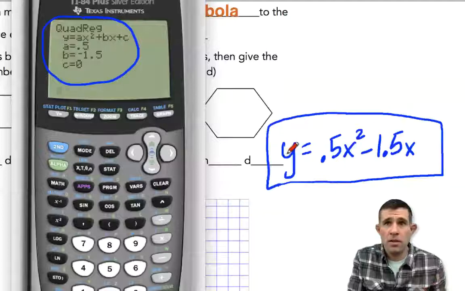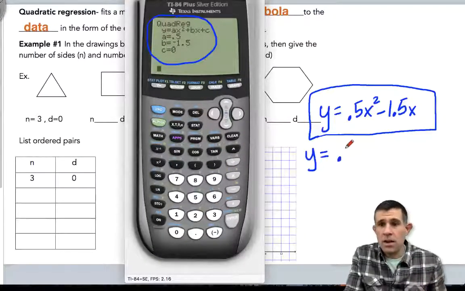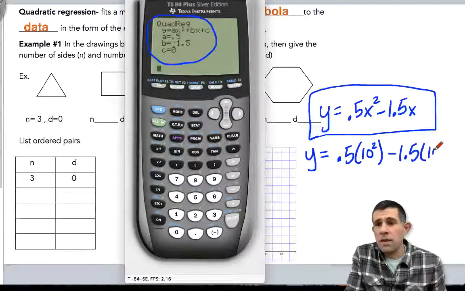So a little bit further down it says use this model now to find the number of diagonals for a 10-sided polygon. So we're going to let y, remember, is our diagonals, and x here is going to be the number of sides of our polygon, so we're going to insert 10 in there, minus 1.5 times 10 again.